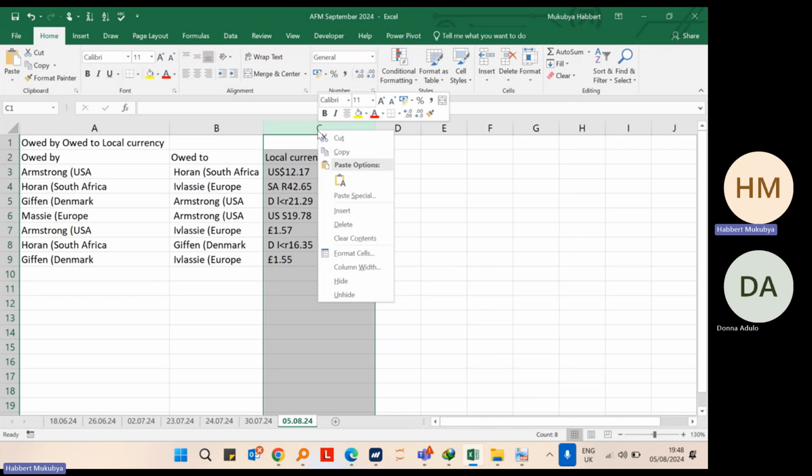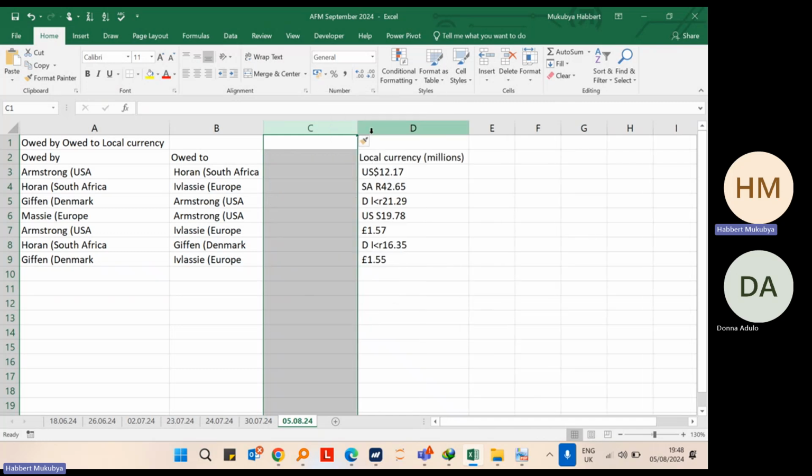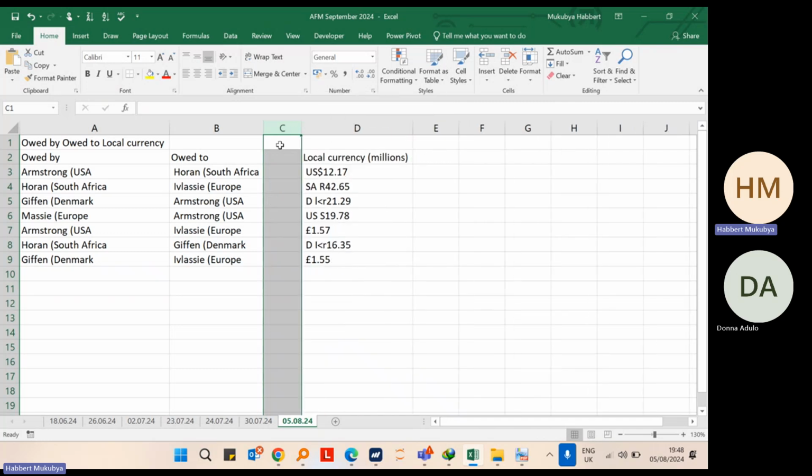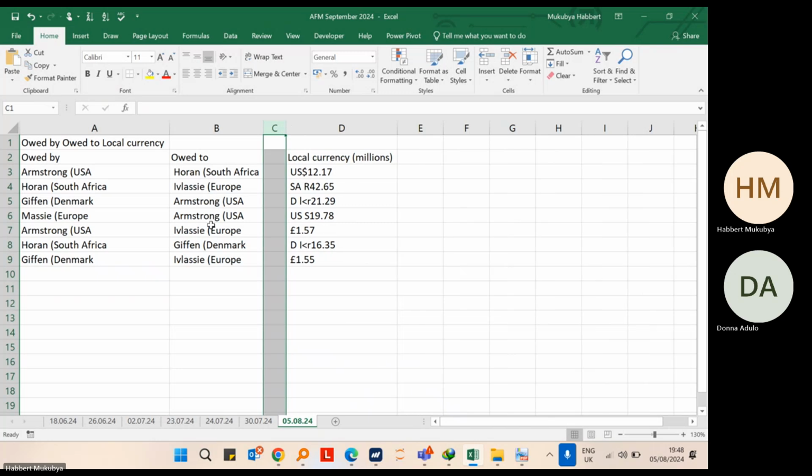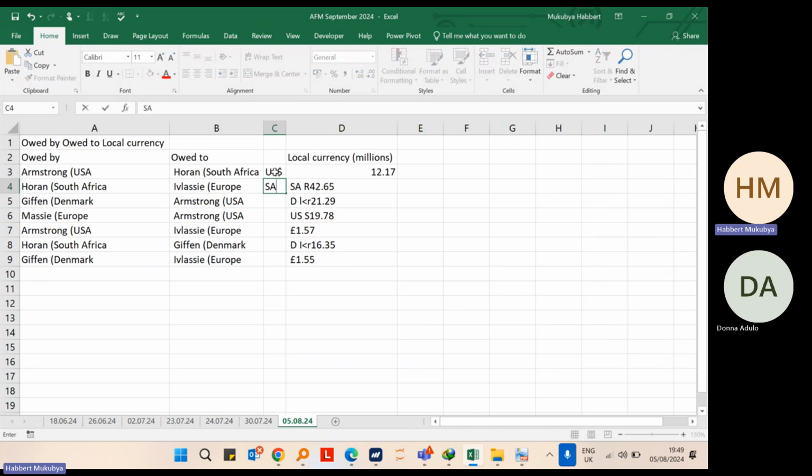So what I'm going to do is add another column here for the local currency itself. That we have here US dollars 0.17, South African rands 42 point.